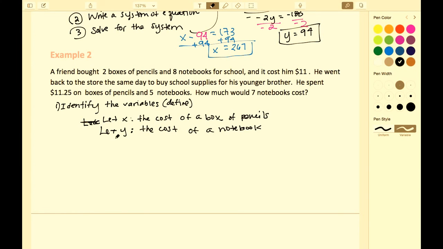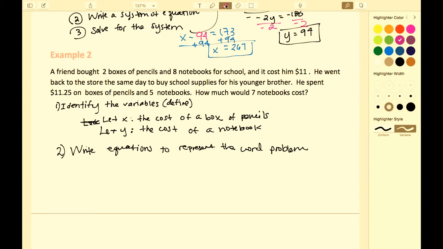Okay, now we actually want to write equations to represent the word problem. So this is where we're going to have to use our context clues and figure out what this all means.